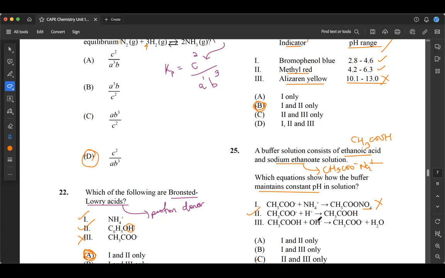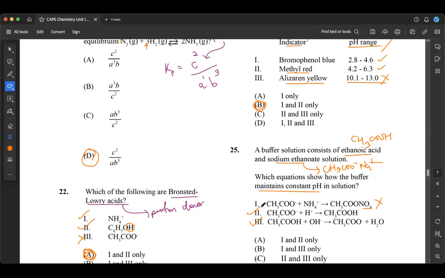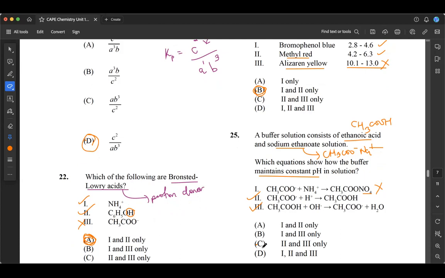Base is our proton acceptor, so it can take off the proton that's coming from the acid portion. And then we're going to get CH3COO minus and water being formed as well. And that's one way that this particular buffer system can maintain pH. And so 3 is also correct. And so 2 and 3 only are our answers for 25, and that's C. So our answer for 25 is C.